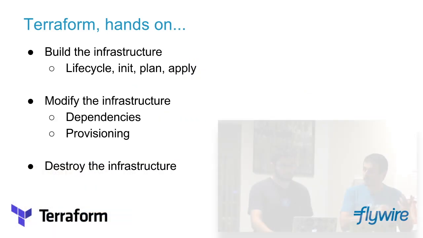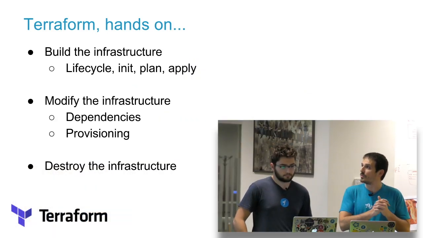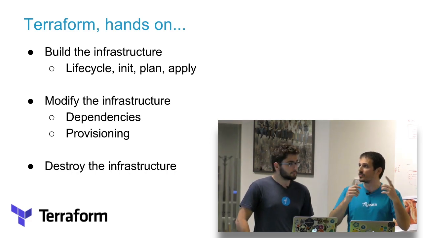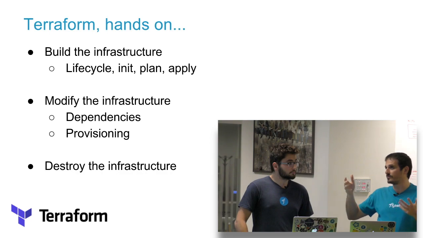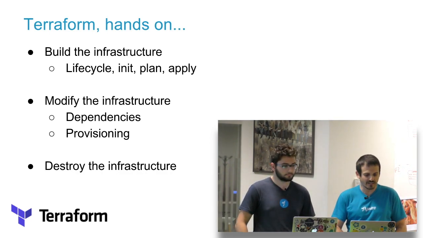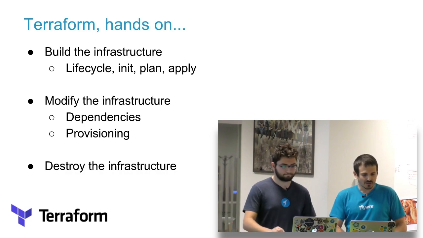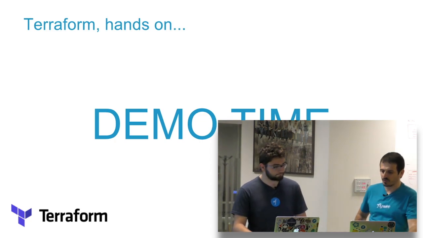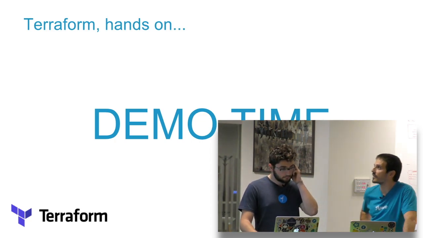With this demo, we are going to cover how to build, modify, and destroy the infrastructure, and in between, we are going to tell you some insights about dependencies, how to do provisioning, and other things. So now Paco will take over and will demonstrate how to build that infrastructure using Terraform.